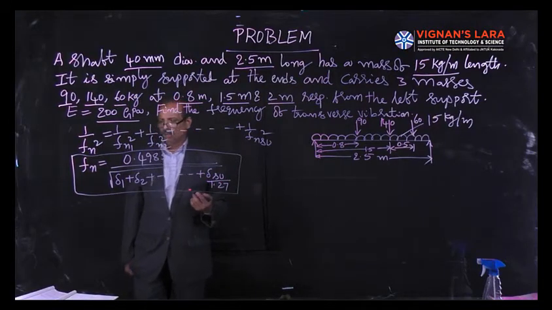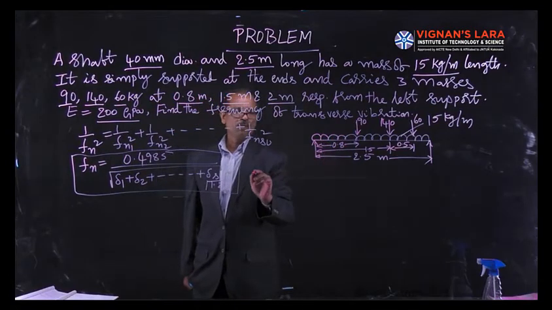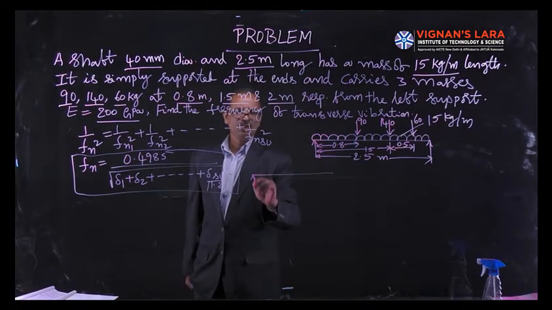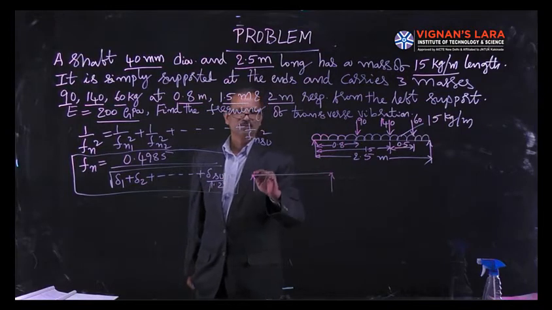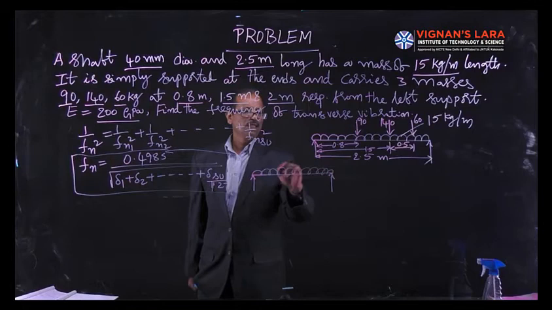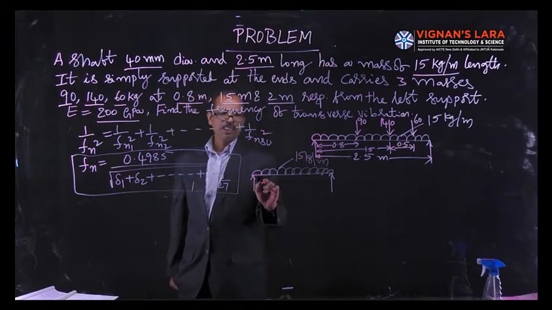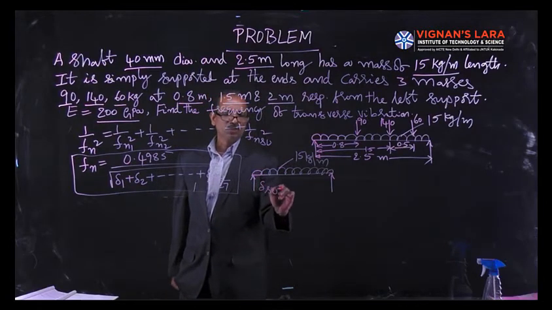Okay, now let us take this case, simply supported beam with UDL with a load of 15 kg per meter. Okay, first in this case find out what is delta SU.